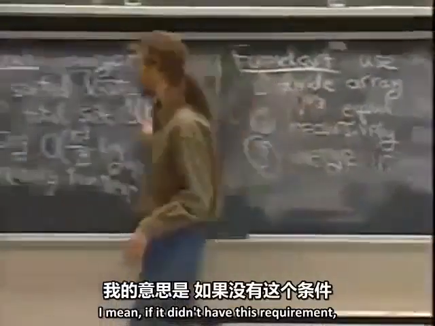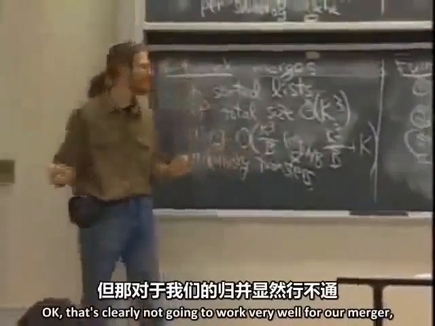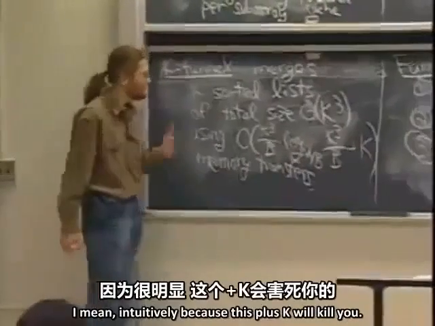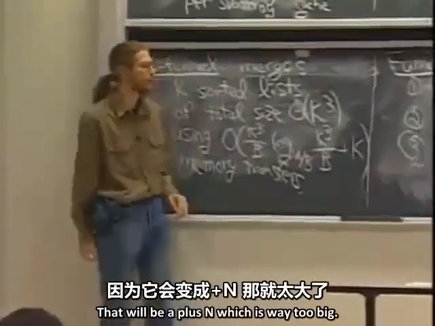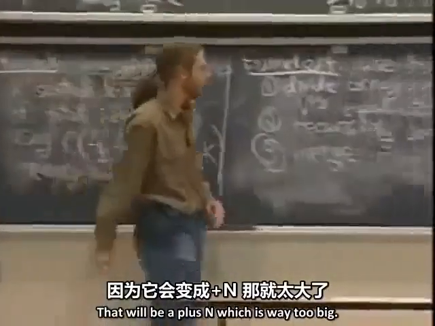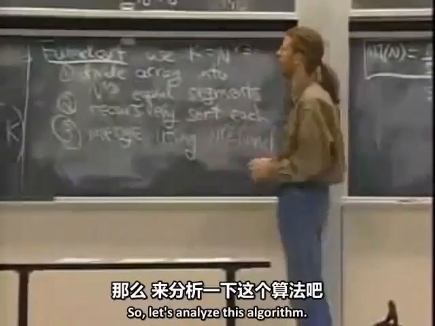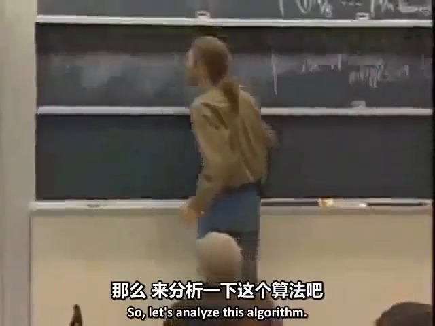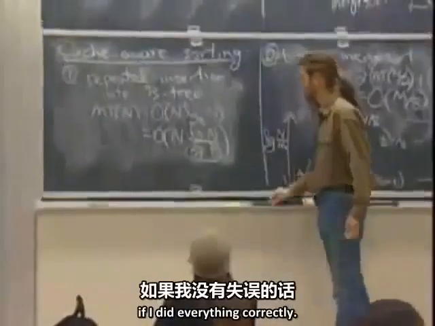If it didn't have this requirement, I could just say, well, I have n lists, each of size 1. That's clearly not going to work very well for a merger. Intuitively, because this plus k will kill you. That would be a plus n, which is way too big. But we can use an n to the 1/3 funnel, and this is how we would sort. So let's analyze this algorithm. Hopefully, it will give the sorting bound, if I did everything correctly.